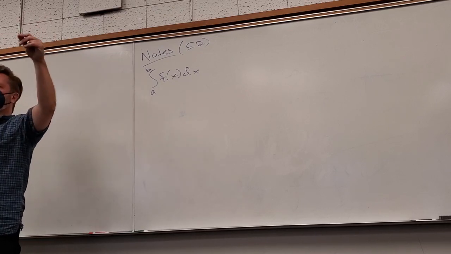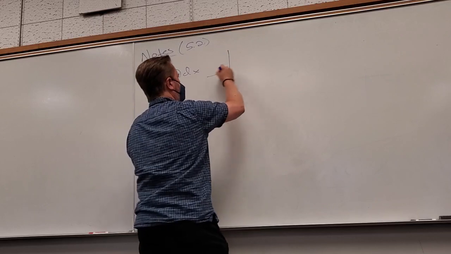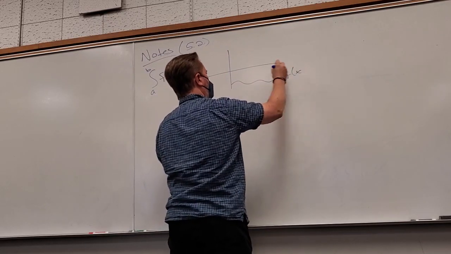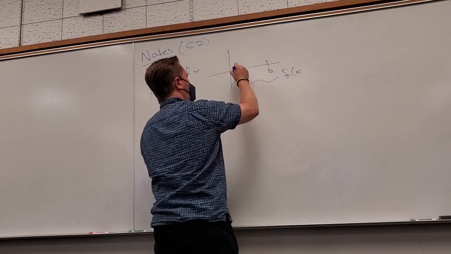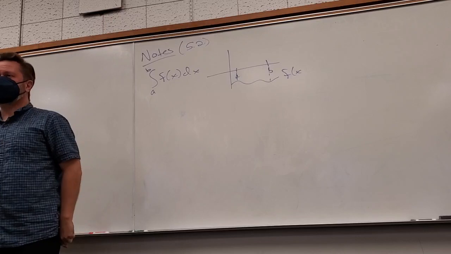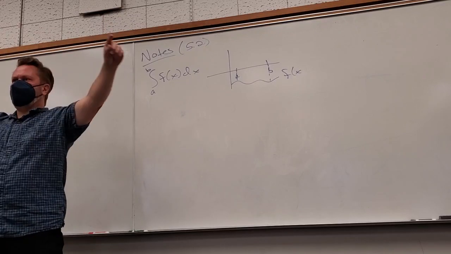So I'm given a function. One thing I haven't focused on too much is what my functions are here, so I have to expand how I say this. It's not really the area under f, it's the area between f and the x-axis.